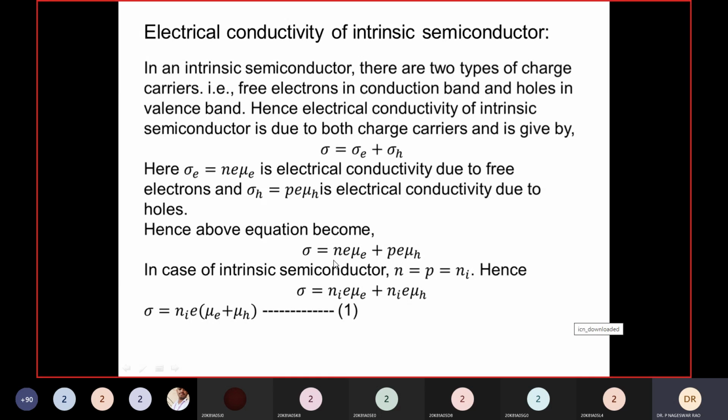Total sigma is equal to sigma E plus sigma H, so sigma is equal to Ne into mu E plus Pe into mu H. In case of an intrinsic semiconductor, N is equal to P is equal to Ni.